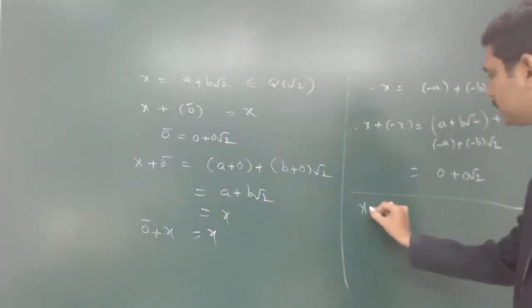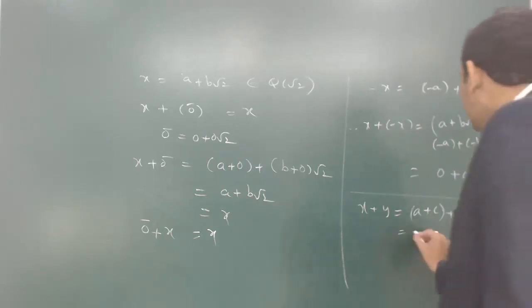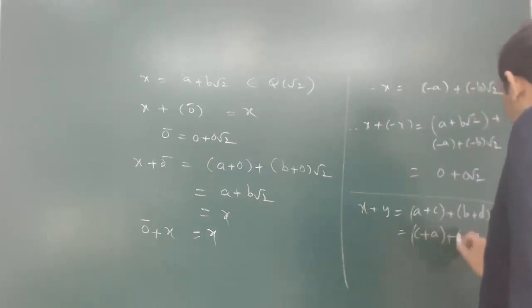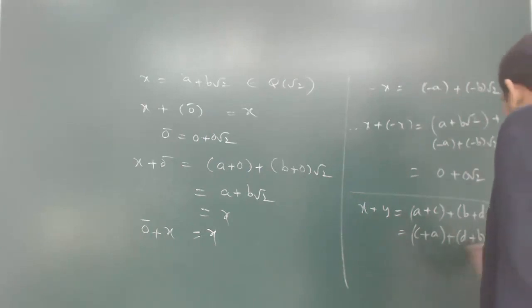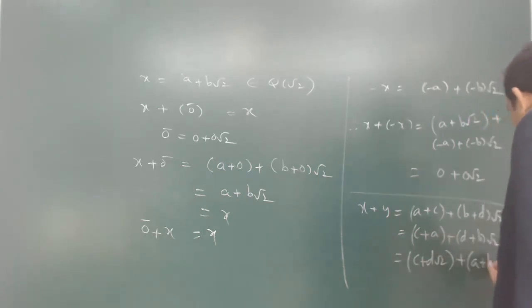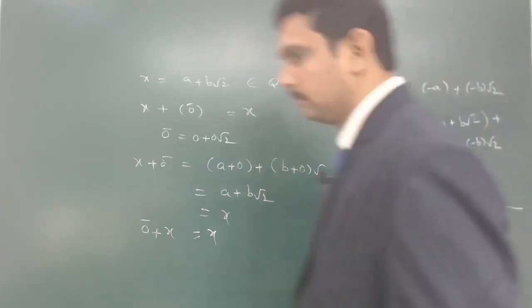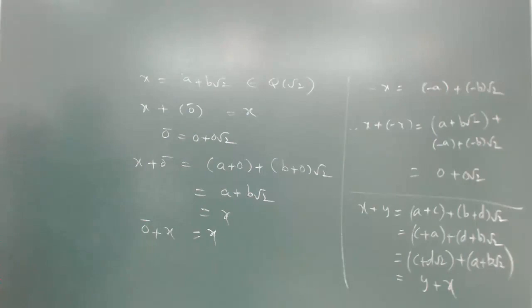If you calculate x plus y, it is nothing but as per the previous values considered. So this thing you can write it as, x plus y equal to y plus x. So commutative property is also verified. Hence, with respect to the operation plus, it is an abelian group. You please take a note of this.